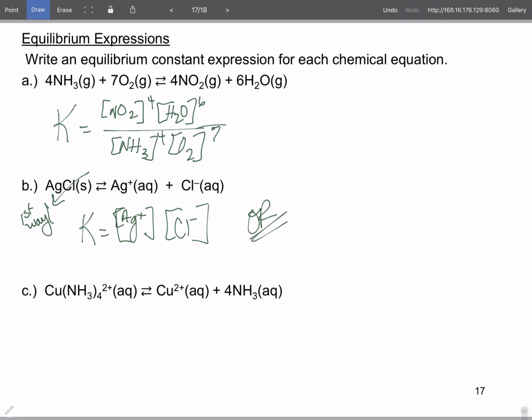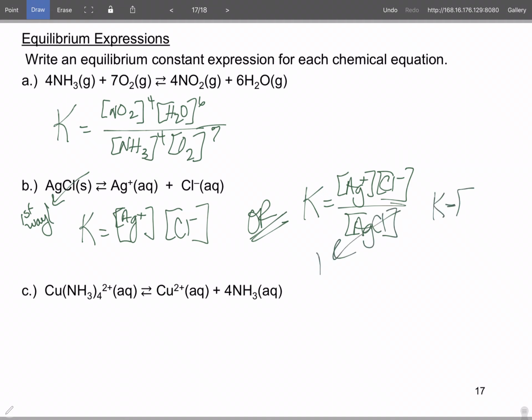Or I've seen people say K is equal to silver times chloride over silver chloride. And I know that this is going to drop out, so my K is equal to silver ion times chloride ion.